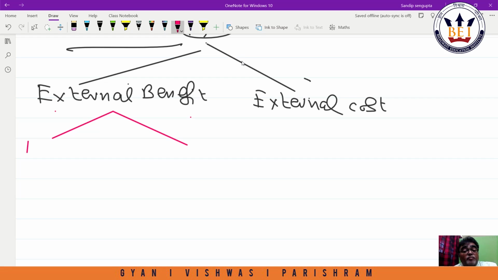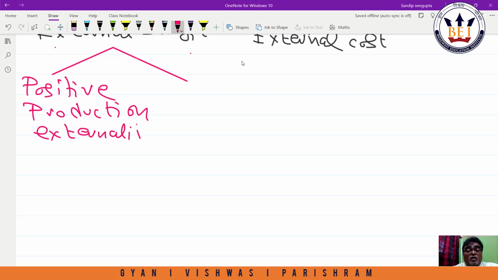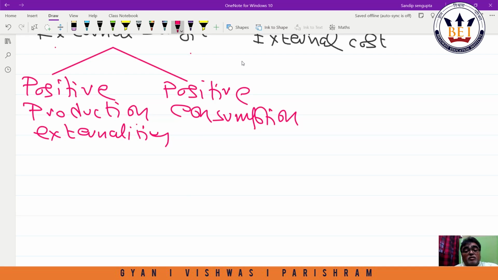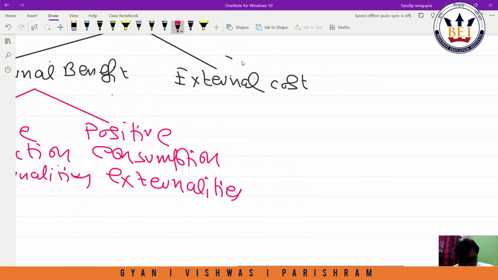One is positive production externality. Another is positive consumption externality. Simple way, one is production, another is consumption. Both are positive. On the other hand, after you have written this, you will go to external cost.